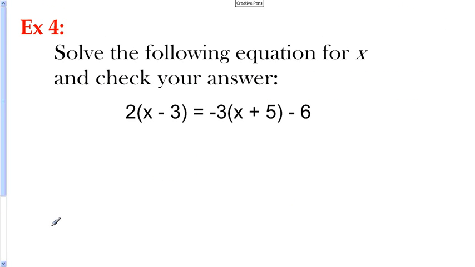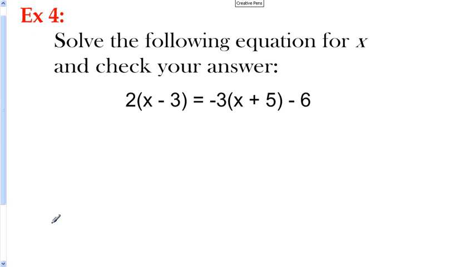Okay, next one. Let's solve this one for x and check our answer. So here we have a little bit more expansion. So we have to distribute the 2 times x and the 2 times minus 3. So we get 2x minus 6 equals minus 3x.